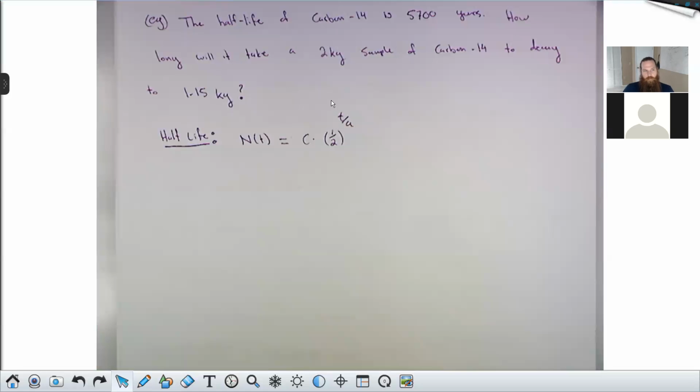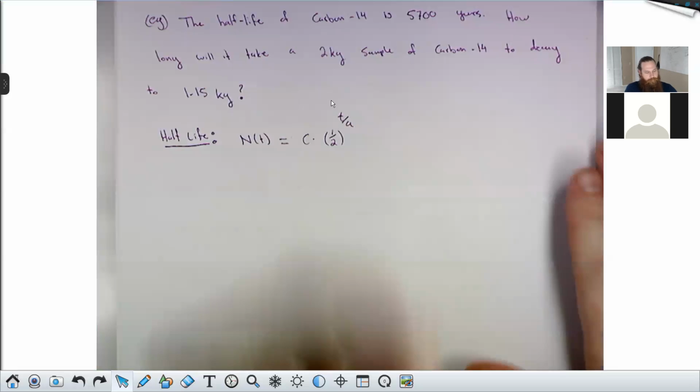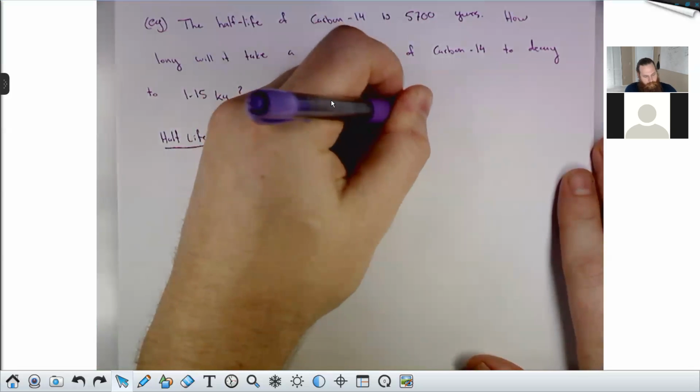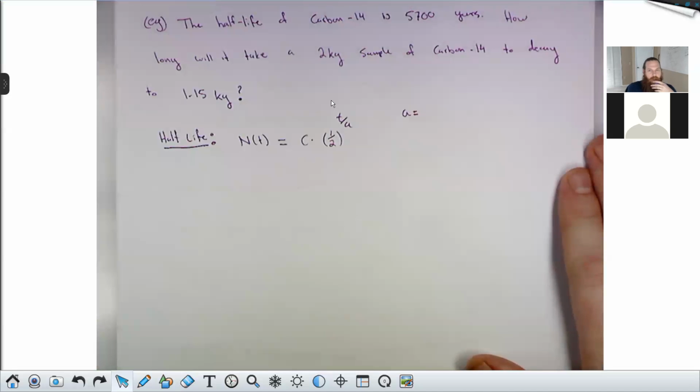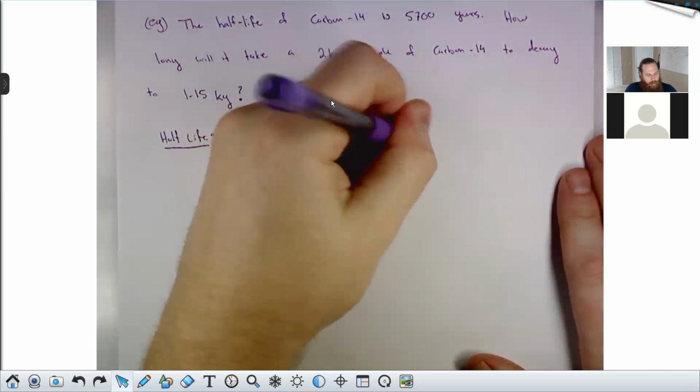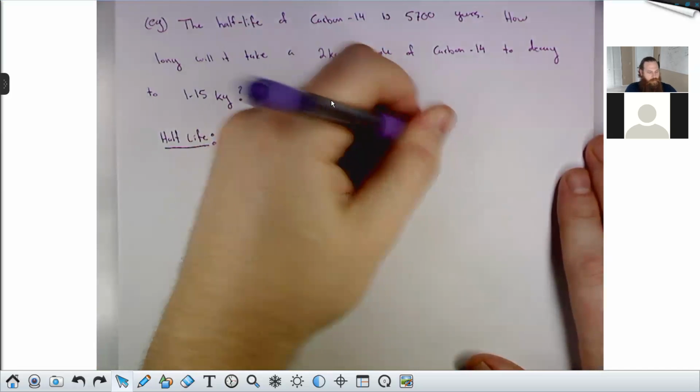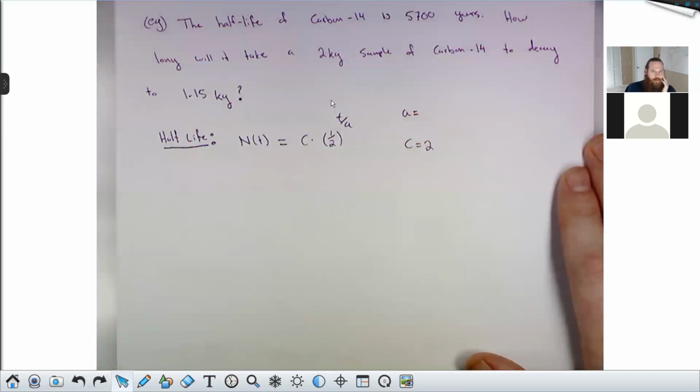So what should I plug in for the constants c and a here? What would c be? Good, see here, the initial amount is 2 kilograms, or just 2 if you want to ignore the units. And what is a?